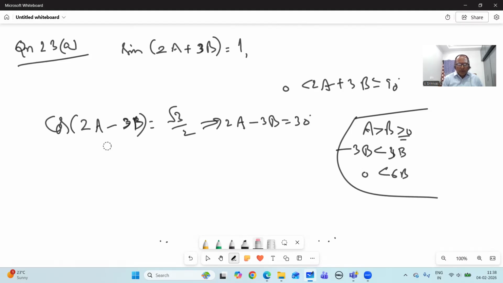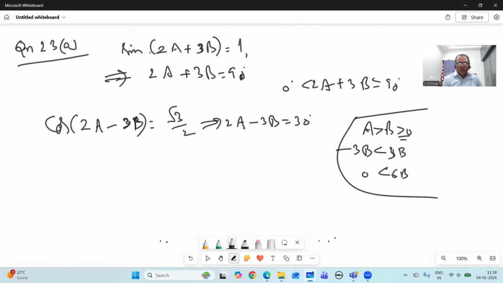So from here you can conclude that 2a minus 3b is 30 degrees, and also that 2a plus 3b is 90 degrees. Sin of 2a plus 3b is 1, and when 2a plus 3b lies between these two degrees, your angle has to be 90 degrees only. Then only this is possible.